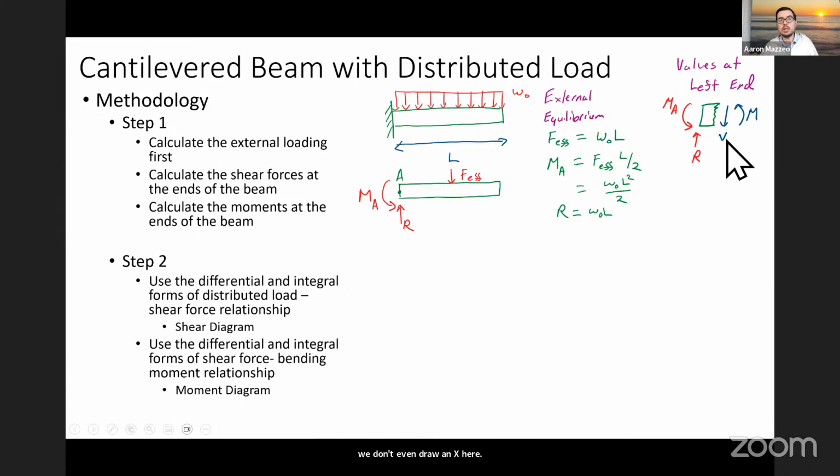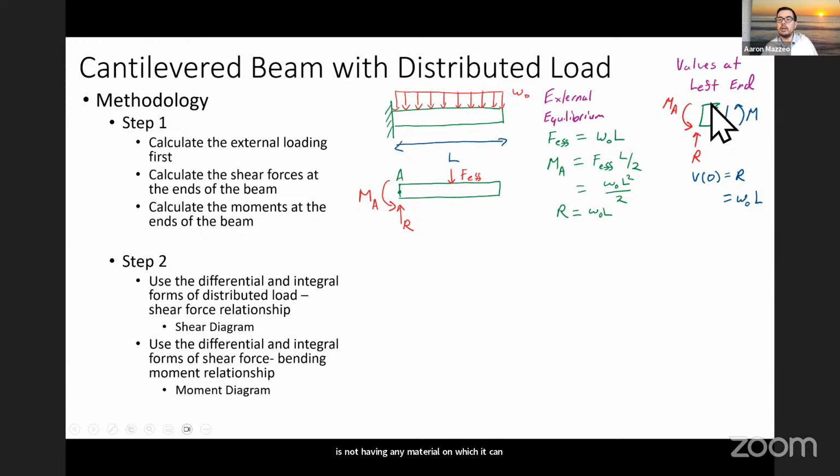There's no distance. And then we perform equilibrium. So what we're saying is that I now know that the internal shear force, V at X equals 0, if I'm coming from the left, is going to just be equal to R. There's no other force acting because the distributed force is not having any material on which it can act.